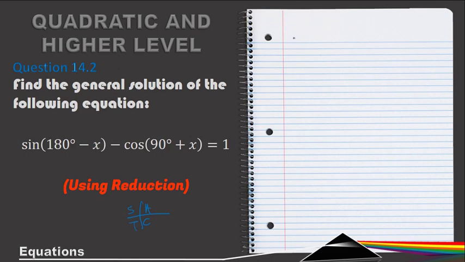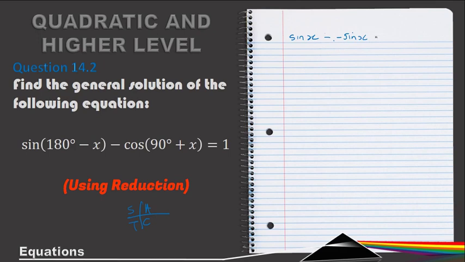So this simply changes to sine x minus, now this 90 plus x is in sine's quadrant, so this is going to be a negative. So I can put a negative over there. Then because this 90, it's going to change to cosine. So I can say that's negative cos x. All right, and that's it.